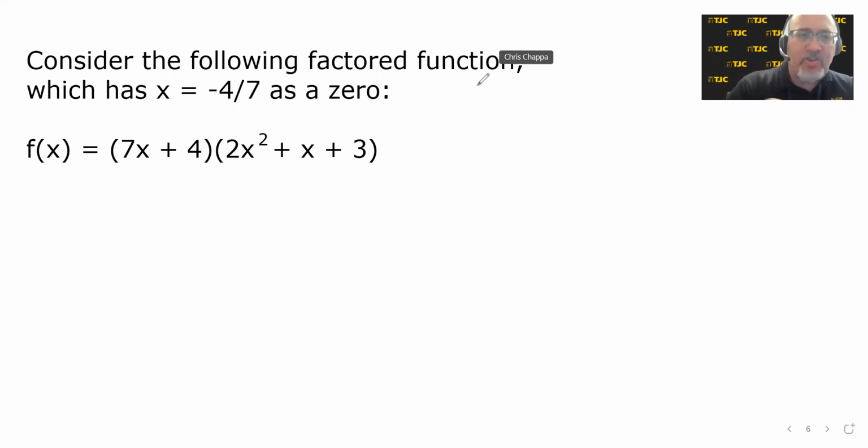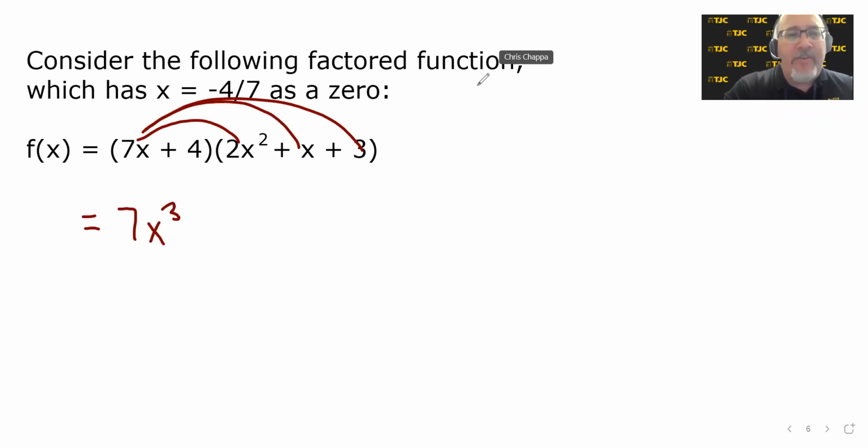First thing we're going to do is distribute the 7x across the second factor and keep track of all the terms that have 7s. 7x times 2x squared is 7x cubed. Positive 7x times positive x is positive 7x squared, and then positive 7x times positive 3 is positive 21x.